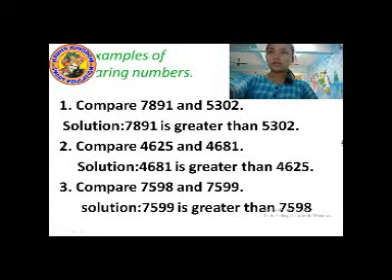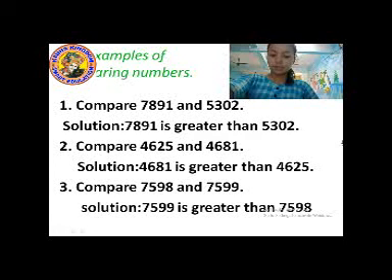Question number 2. Compare 4,625 and 4,681. Here both numbers have the same digits in the thousand place, and the digits in the hundred place are also the same.